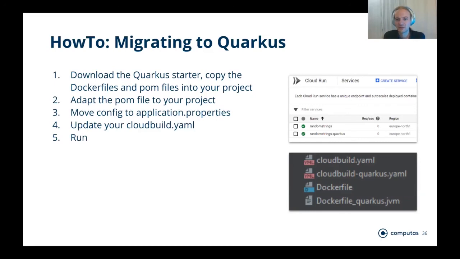The ability to scan for CDI beans at runtime, for instance, is probably not that important anymore if you're running in a container, because in a container you know a lot about your application and your runtime, everything, during compile time. So instead of doing so much reflection and so on at runtime, they're deliberately trying to move most of the logic into compile time, so the runtime gets faster.